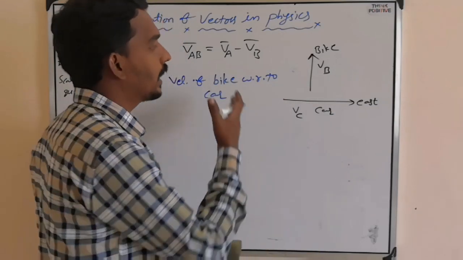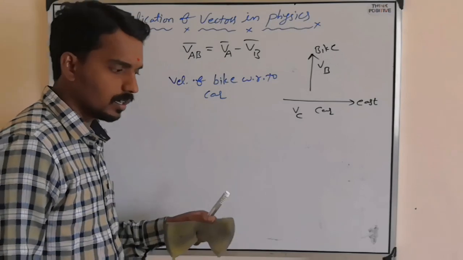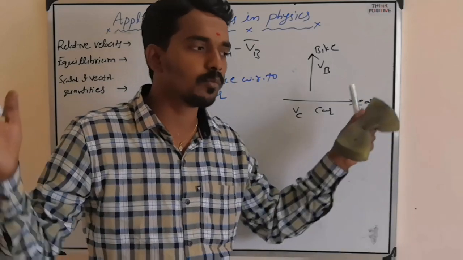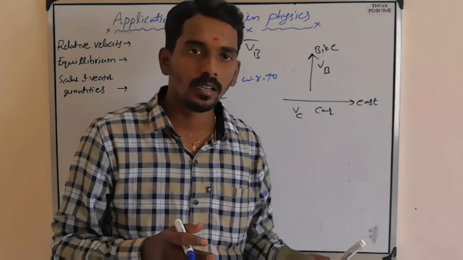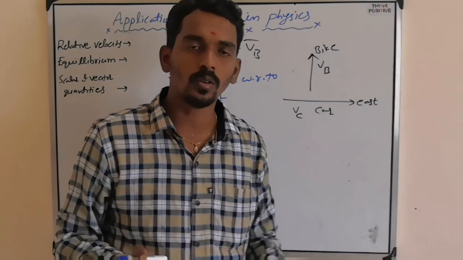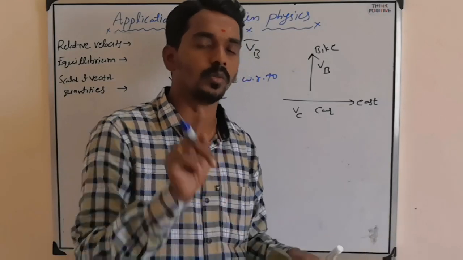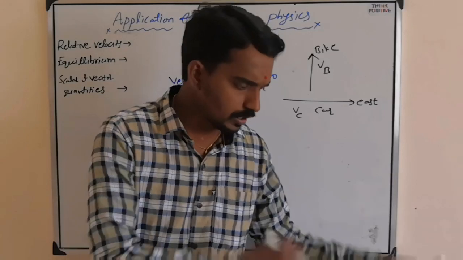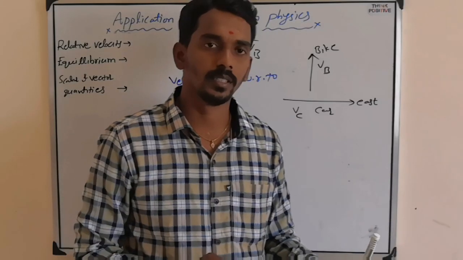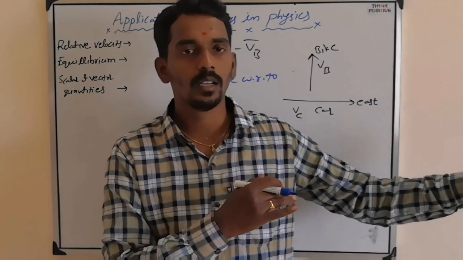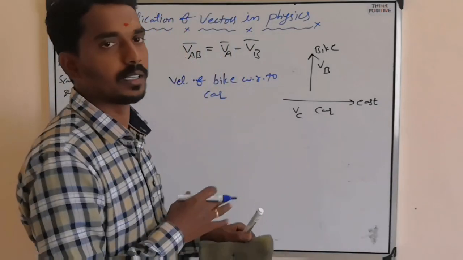That is called relative velocity. Like when you are moving in a vehicle, the surroundings look like they are moving back. Is it true that the ground will move? No. But it appears to be moving with respect to you. When you stand on the ground it is at rest only. But when you are moving on the vehicle, the ground looks like going back. That is called relative velocity.